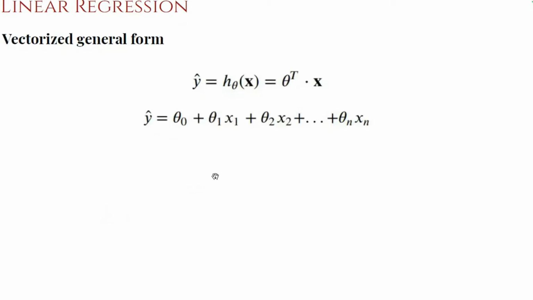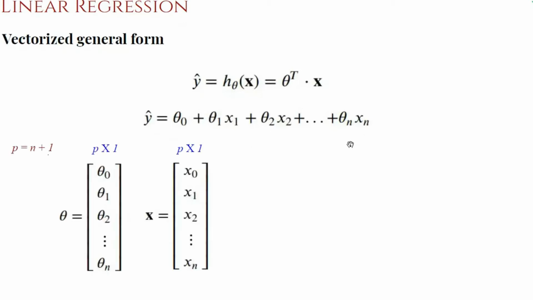To understand that in detail, let us say theta is a variable, or a vector representation. It's a column vector which encompasses the values theta 0, theta 1, theta 2, and so forth. We call this column vector theta.